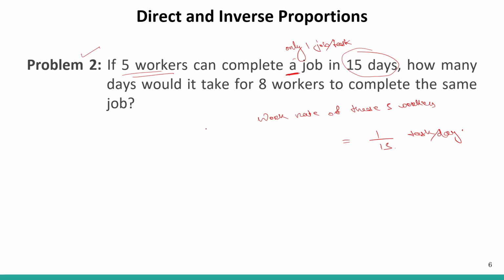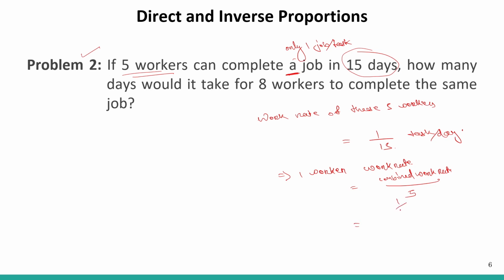How many days would it take for 8 workers to complete the same work? What we have right now is 8 workers. If 5 workers do this much task per day, then one worker's work rate is equal to the combined work rate divided by the number of workers, that is 5.